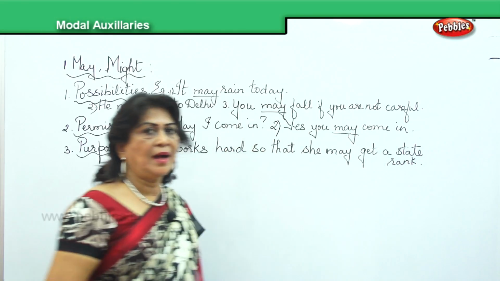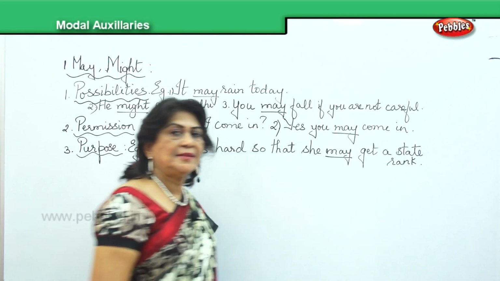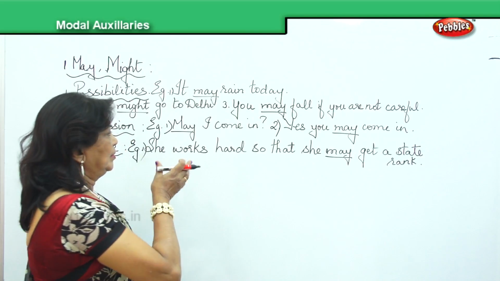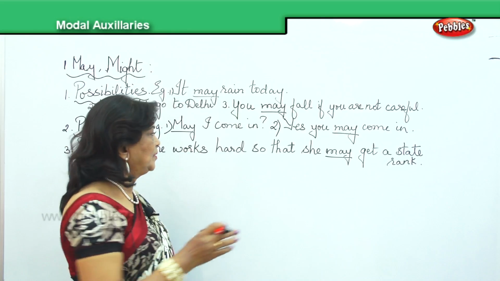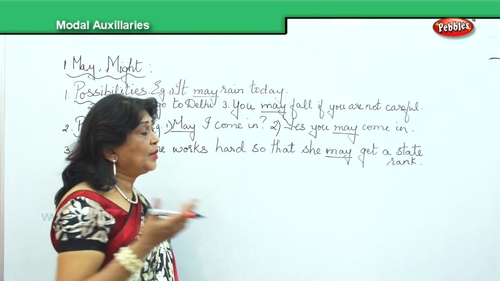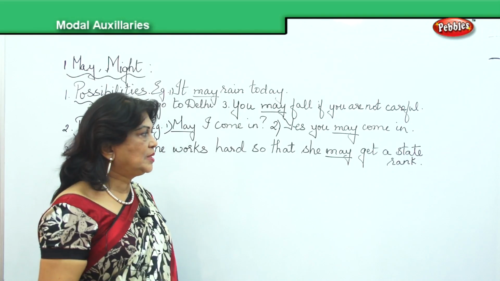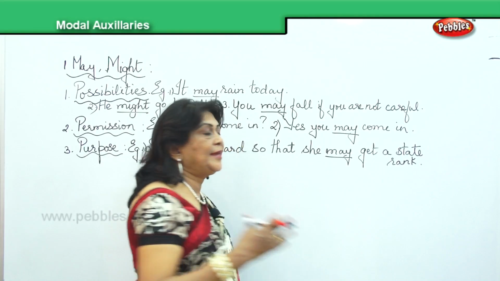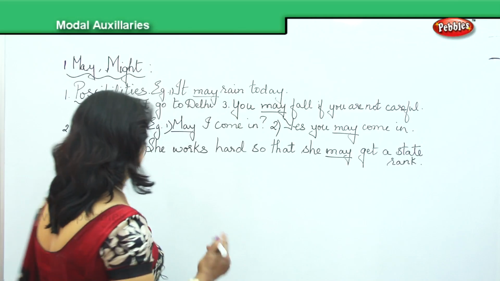She works hard so that she may get a state rank. So, what is the purpose behind it, or what is the use of this? She works hard because she has a purpose to work hard. What is the purpose for her working hard? So that she may get a state rank. Is that understood?